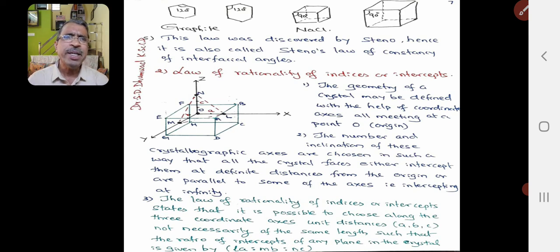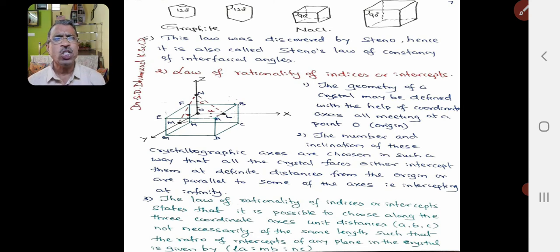The face ABCD is parallel to the y-axis. So when it is parallel to the y-axis, this face will not meet the y-axis. It cannot intersect the y-axis. Therefore, it is known as intersecting at infinity. Take the plane ADEG.